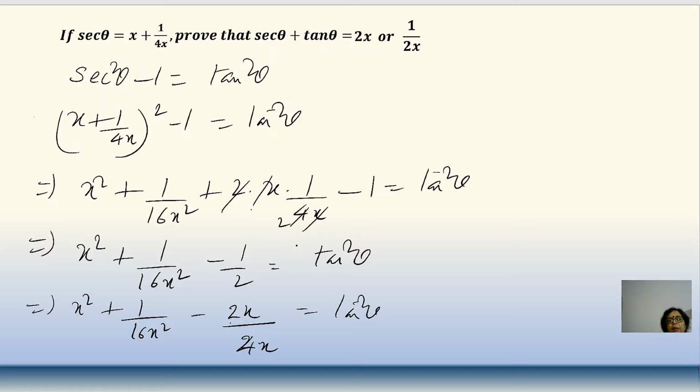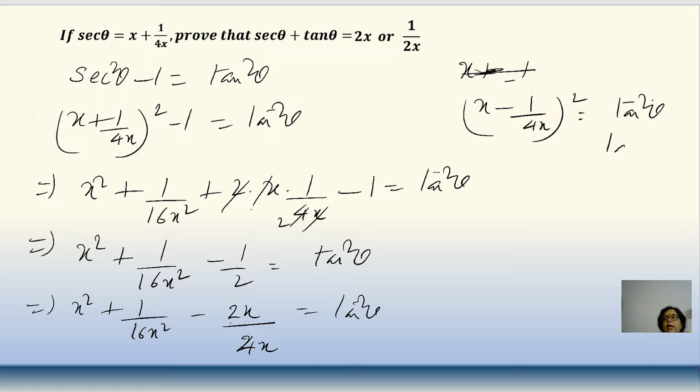So this can be compiled as x minus 1 by 4x the whole square is equal to tan square theta. So tan theta will be equal to plus minus x minus 1 by 4x.